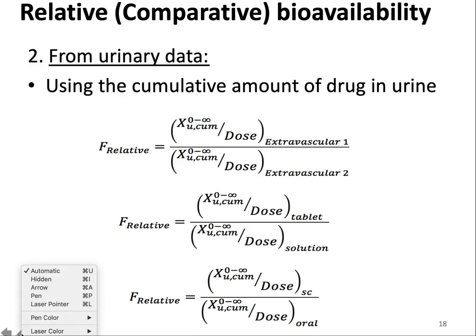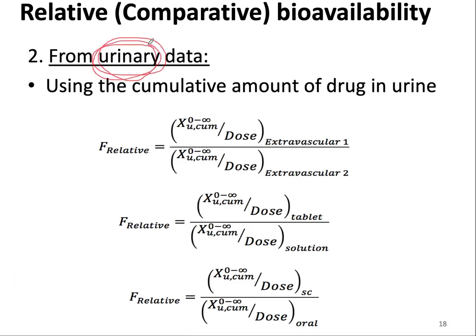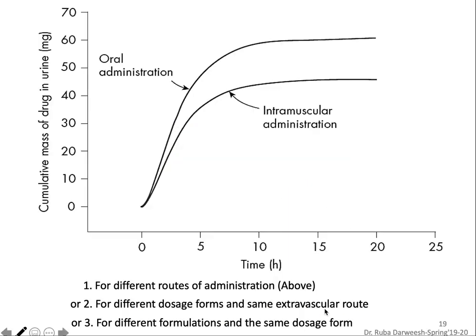Using the urinary data, it's a similar thing to what I mentioned. Again, it's urinary data, so I need to use the total amount excreted in the urine. We may not have the total, so we use a time covering 5 half-lives. Again, for different extravascular, we don't have the IV as the standard. We have either a different route of administration, different dosage form, or different formulation.